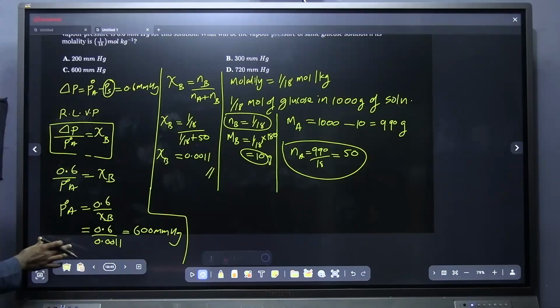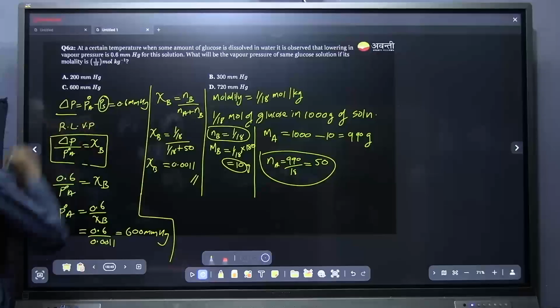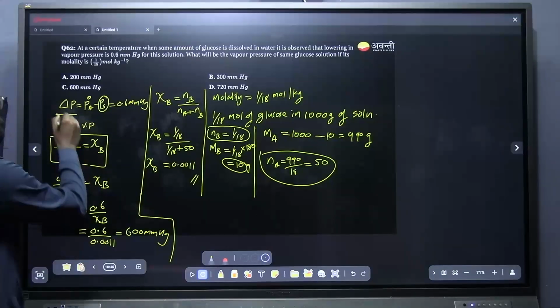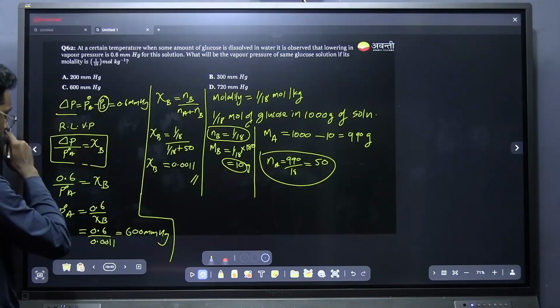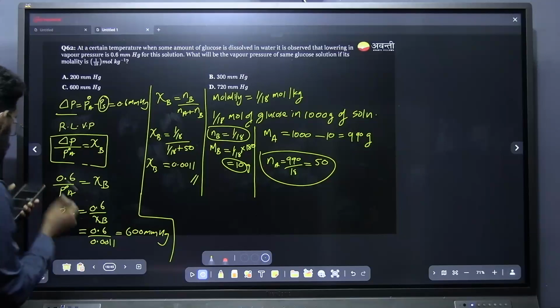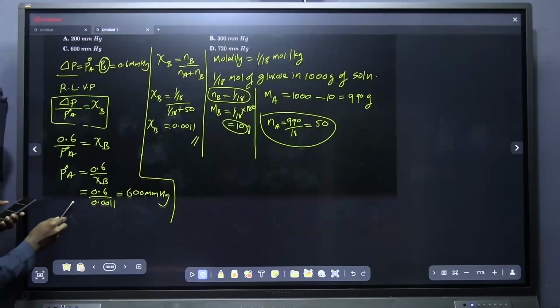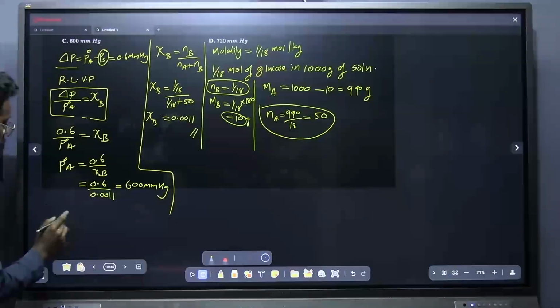This is how you can solve the complete question. I will explain it once again. I think the question is not over, because we got only the P naught A value, which is 600 mm Hg. Now we have to find out the PS value. How can we find PS?